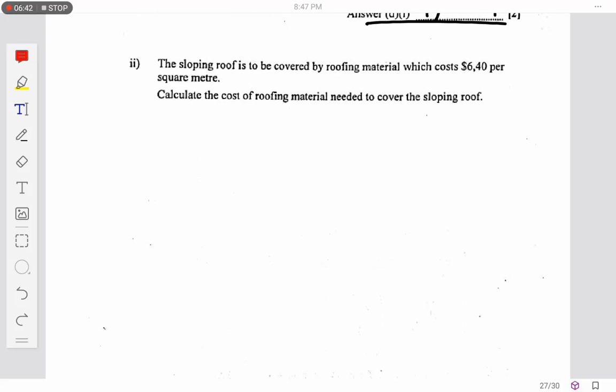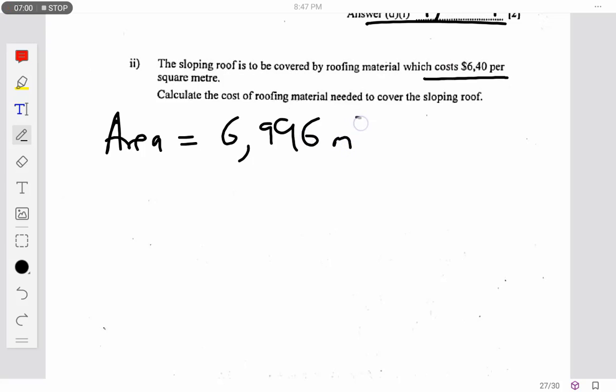The last part of the question is saying the sloping roof is to be covered by roofing material, which is going to cost 6.4 per meter square. Okay, and we had calculated the area to be 6.996 meters squared. This was the area of the sloping roof, and we are saying 1 square meter is costing this. So for this one, it's going to be more.